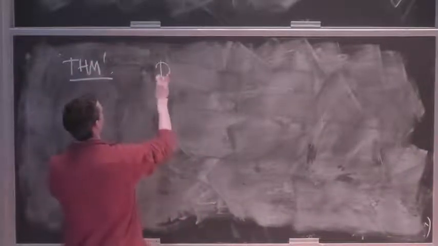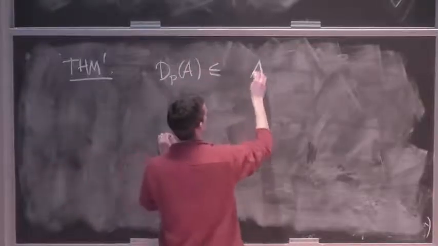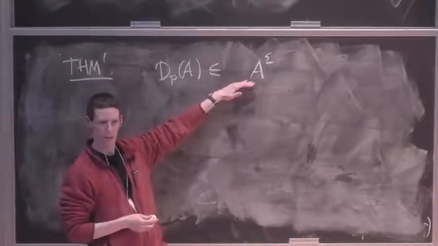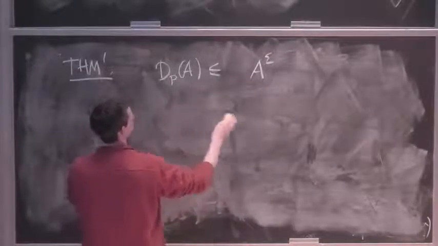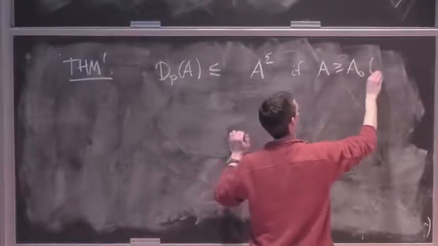We can state the theorem in a slightly different way. Theorem prime: the way I said it before is that dp of a is bounded by some constant times a to the epsilon. But equivalently, we could say it's bounded by a to the epsilon if a is big enough, so if a is bigger than some a naught that depends on epsilon.